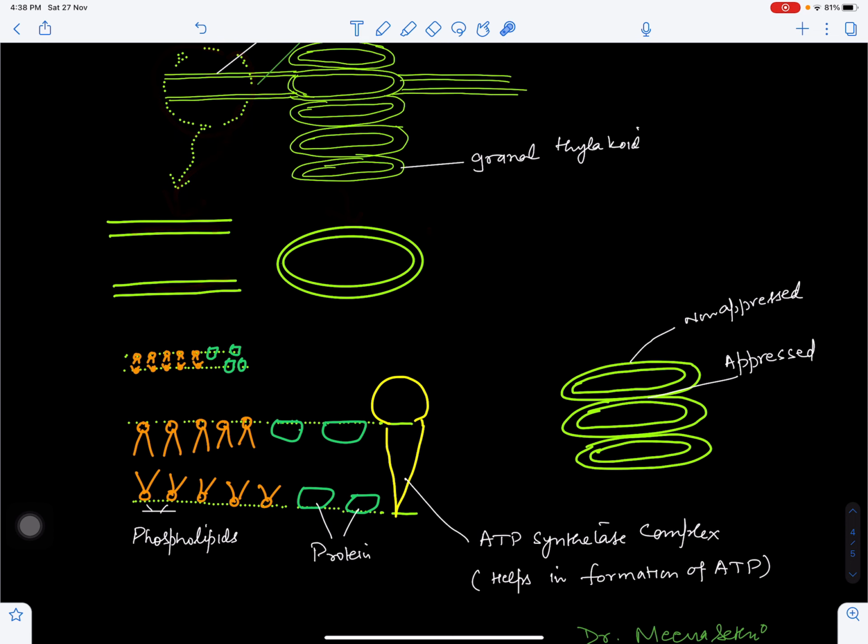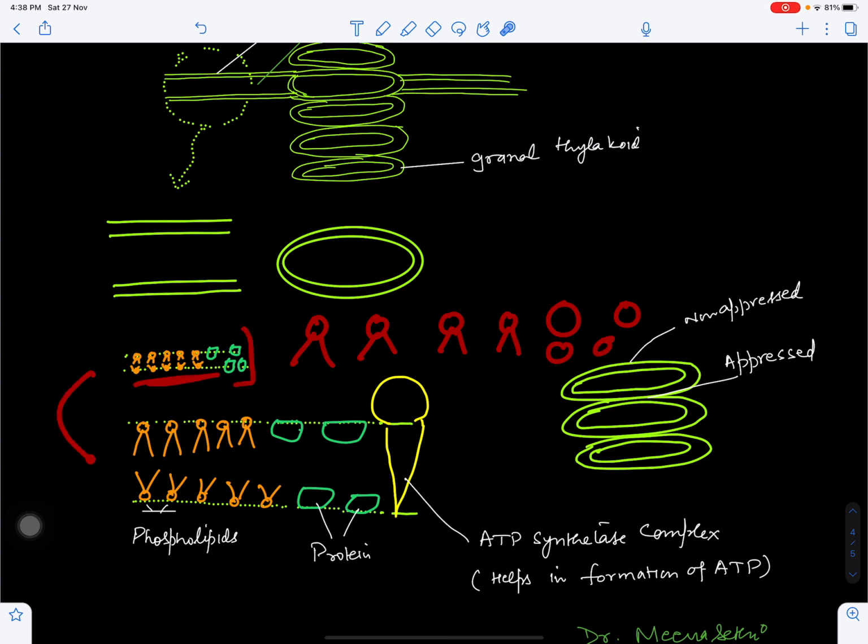Now if we see each membrane of the thylakoid, like this is the membrane of the thylakoid, we can see here the structure of the membrane of the thylakoid. It is made up of phospholipids. These are phospholipids which are forming the membrane. Then this membrane may have proteins. So these are the proteins. These are phospholipids. If we enlarge, we can see like this. This is one layer of phospholipid.